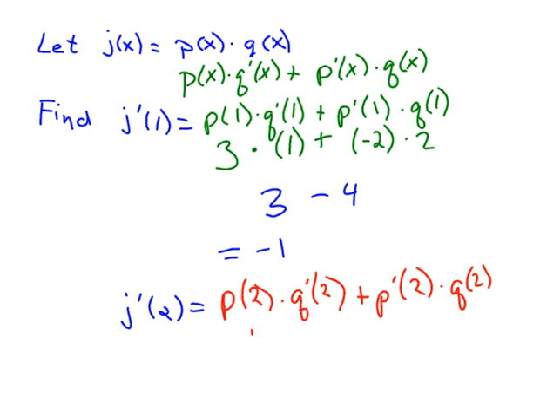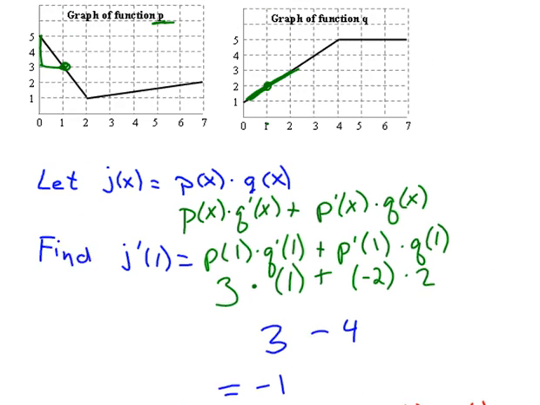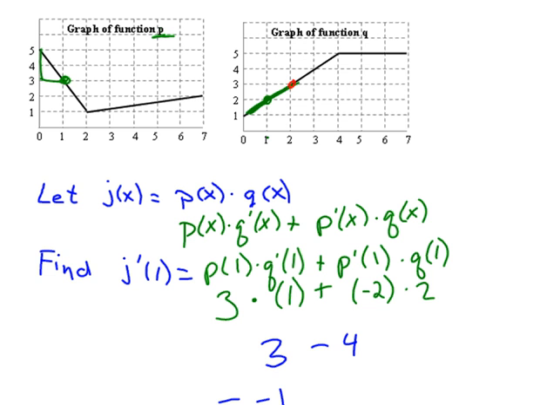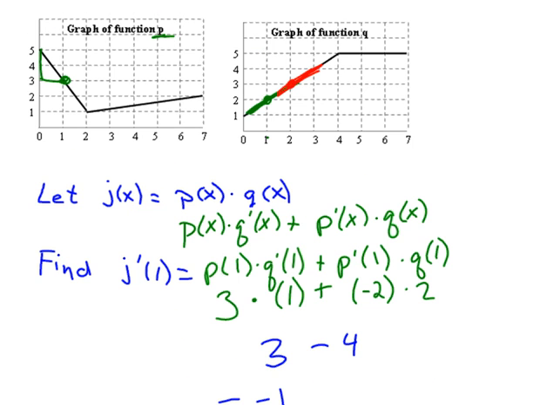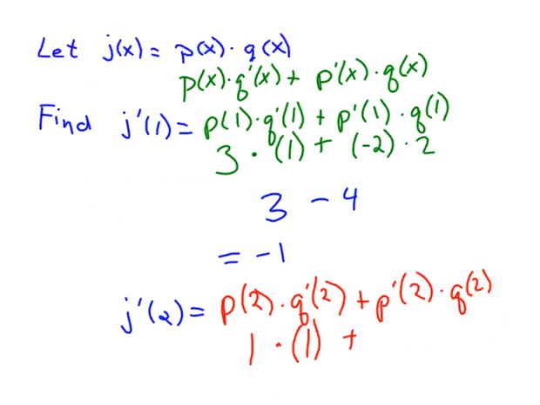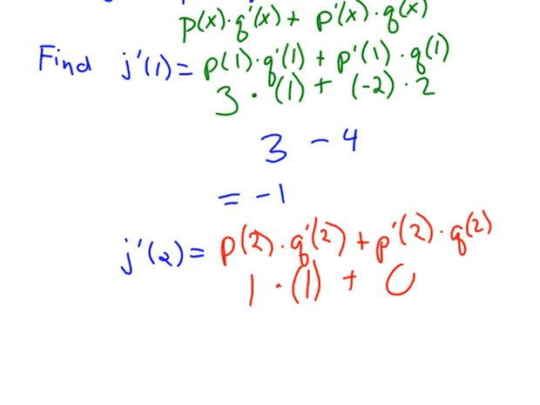So I put that in. And then I go to q prime at 2, and again, that's the slope of this line, up 1 over 1. And then I go to p prime at 2, so you're looking for the slope at that point. Uh-oh, that's a corner. Not a good value here. This does not exist. And therefore, we're done. No more work. Does not exist.